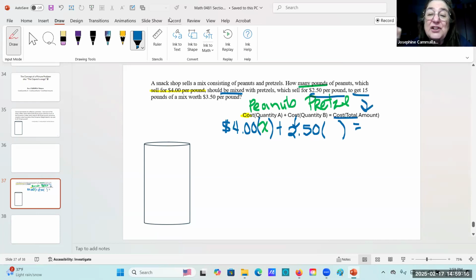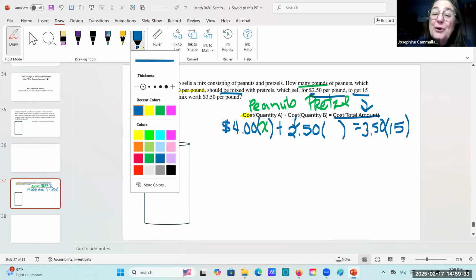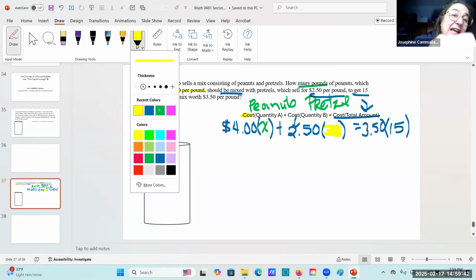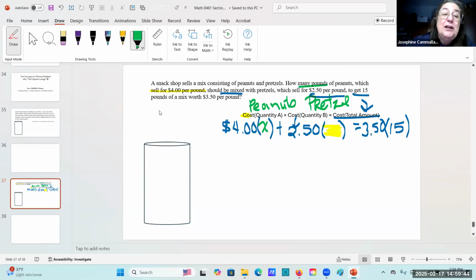to get, that's this part, the result, to get an amount of 15 pounds, and it's going to cost $3.50 for this mixture. It is here that we need to find. Well, you have to think about this. And I have this little bag.